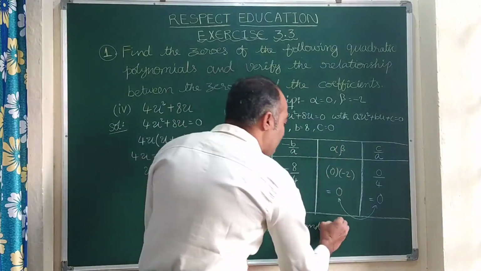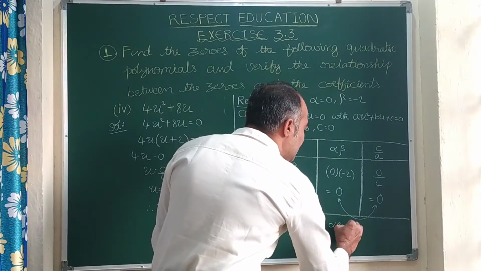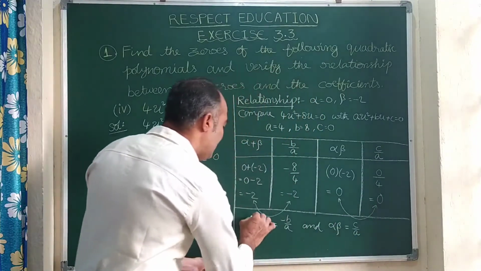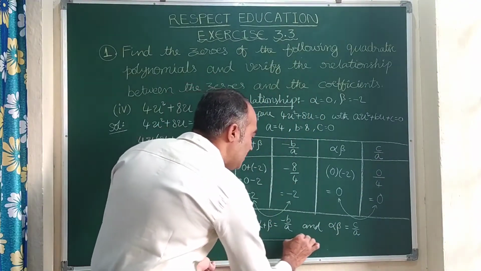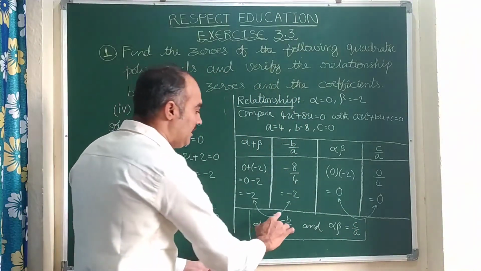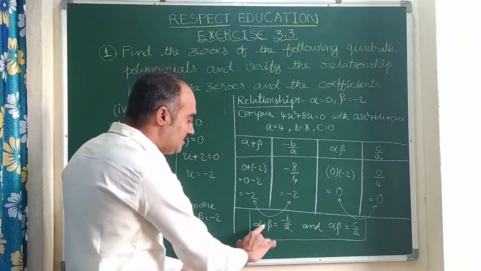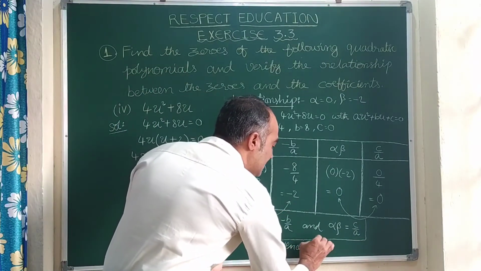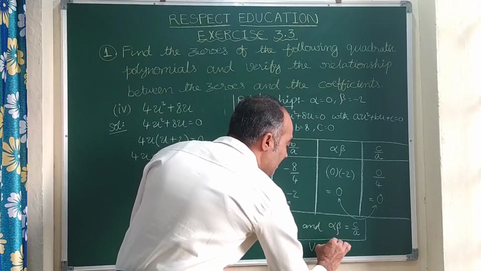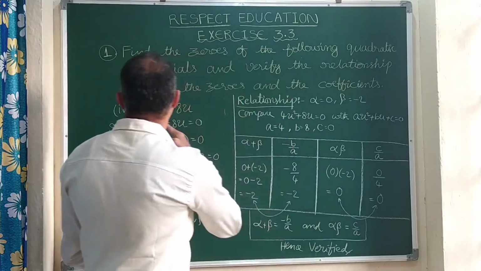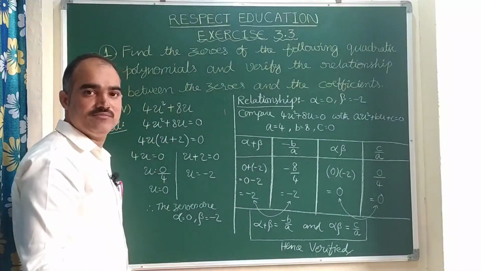Here this is nothing but alpha into beta is equal to this, nothing but c by a. So finally here we got alpha plus beta equal to minus b by a and alpha into beta equal to c by a. This is the relationship between zeros and the coefficients. So this is hence verified. So with this the bit number 4 gets completed.